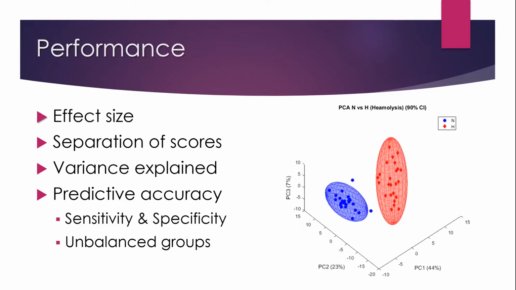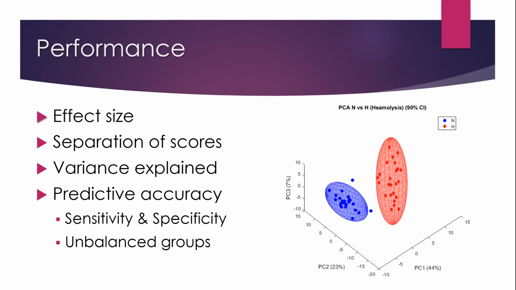Okay, so first off is the performance. So here, your effect size would essentially boil down to a separation of the scores plot, for instance, if you've got a PCA, combined with the variance explained on the axes. And then if you've got a PLSDA or a predictive model of some sort, then you would look at the prediction accuracy. But check that your prediction accuracy is not skewed to one group.